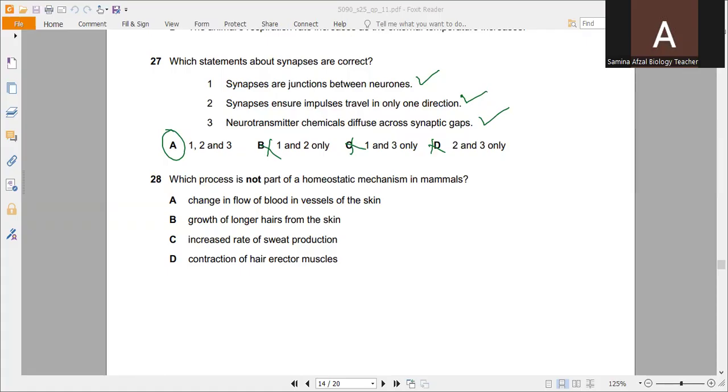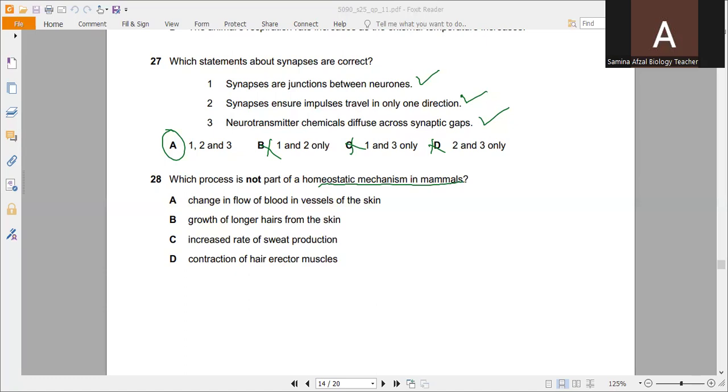Change in flow of blood in vessels of the skin. Change in flow of blood in vessels of the skin is a homeostatic mechanism. Vasodilation and vasoconstriction are active mechanisms to lose or retain heat.